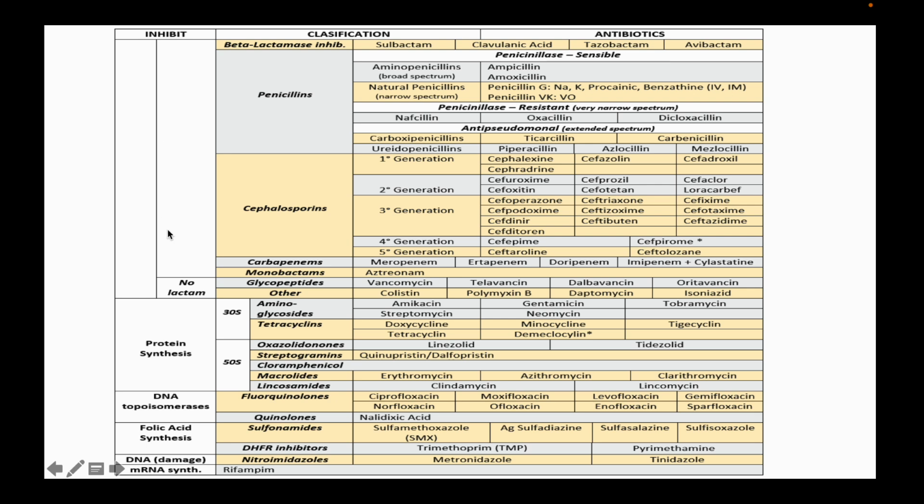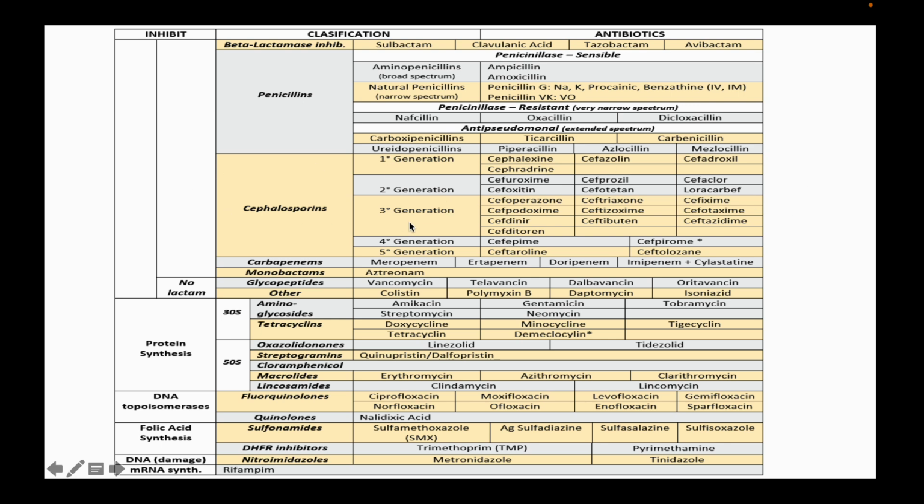So, a few examples are very well known. The cell wall inhibitors we already know. We have the class of penicillins, right? We have ampicillin, and this is the first antibiotic to be ever discovered. Then we have the class of cephalosporins, and from there we have first, second, third generation cephalosporins.